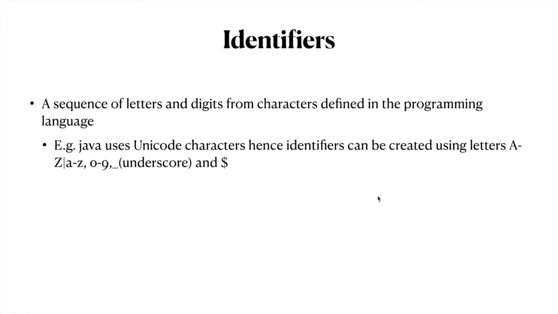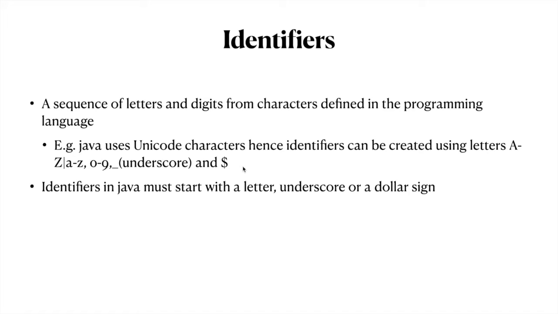These are all considered as letters for identifiers, and whenever we create an identifier, we can start only with a letter. That means the capital or the small A to Z, or an underscore, or a dollar sign. We cannot start an identifier with a number, and an identifier cannot have a space in between words. If we are using two or more words for an identifier, we cannot have a space in between.